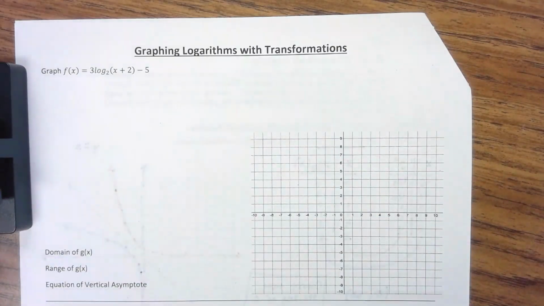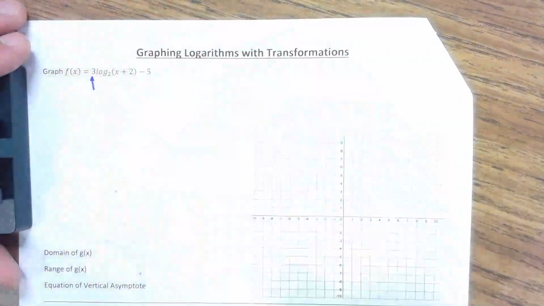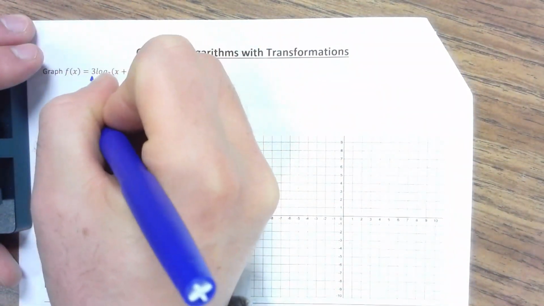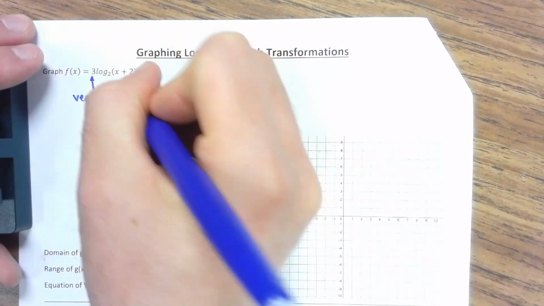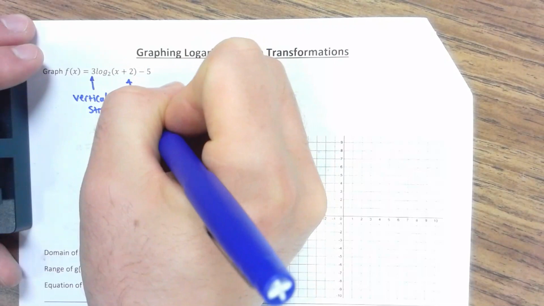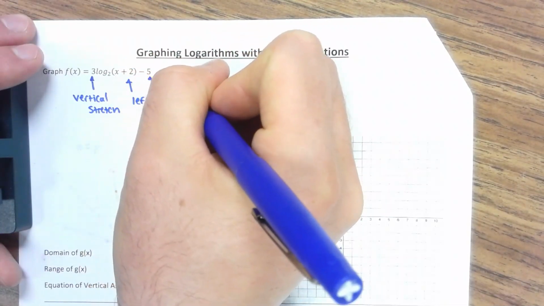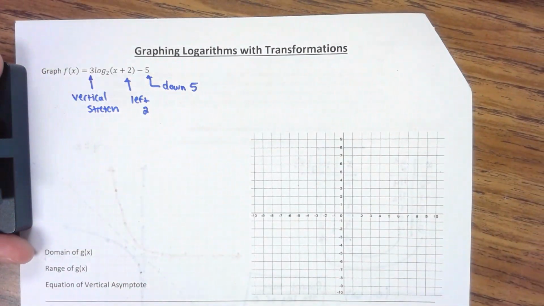So when we're graphing a log that has multiple transformations to it, naming the transformations can sometimes help. Why don't we start with that? This 3, that's our vertical stretch. This 2 shifts everything left 2. And this 5 shifts everything down 5. And so we're going to apply all of those transformations to the parent function.